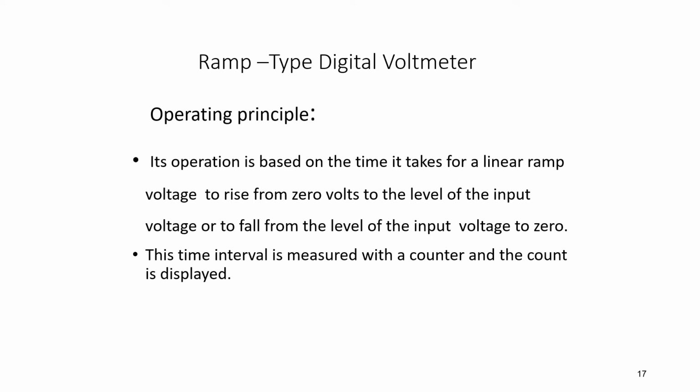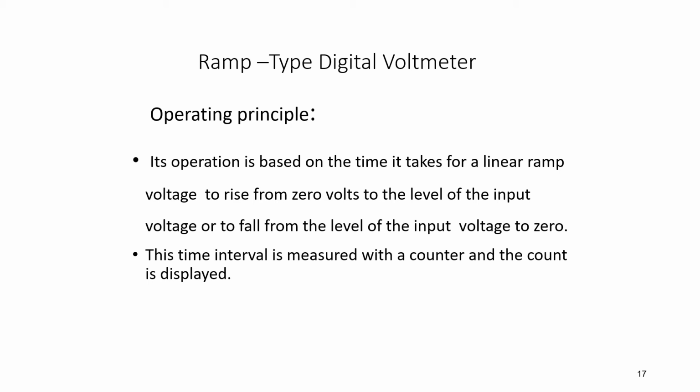So as in our analog meters, in digital voltmeters we have the automatic range, automatically the range can be selected, the polarity can be selected. So we may have the different ranges also which can be selected so that it can be used conveniently and comfortably.